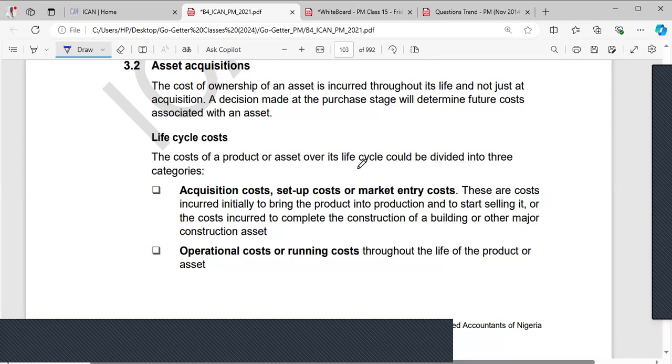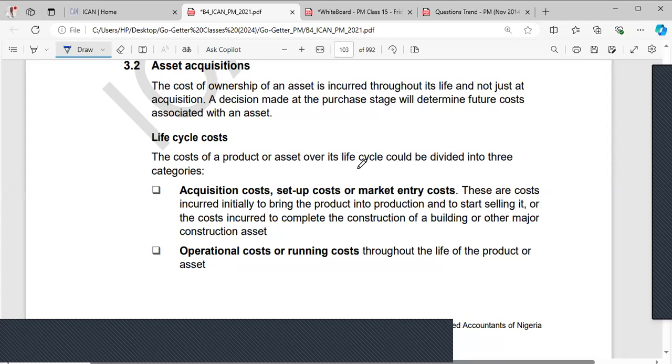The second one is operational cost or running cost. So these are the costs of operation. Take the generator I mentioned, or the baking oven that you have: the cost of fuel for the engine so that it will be running.